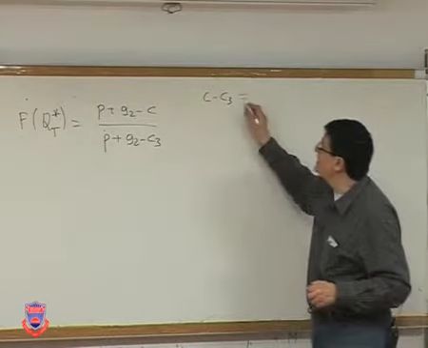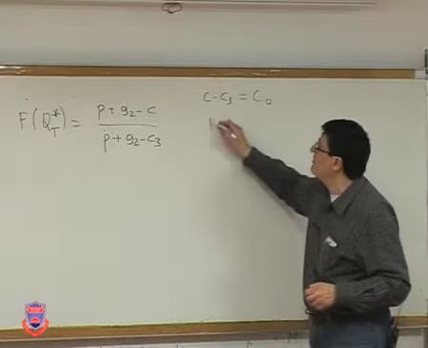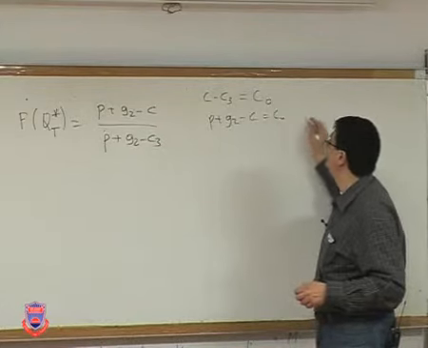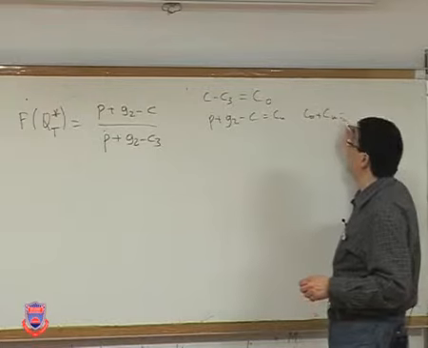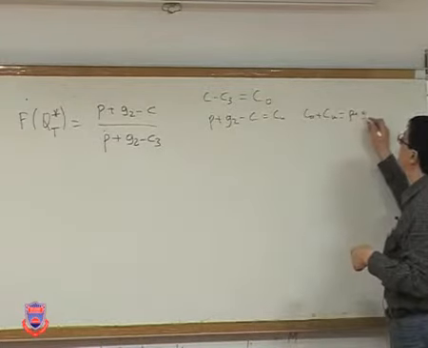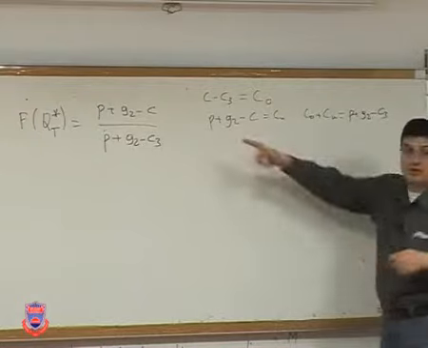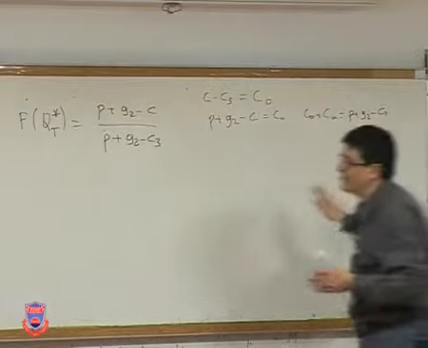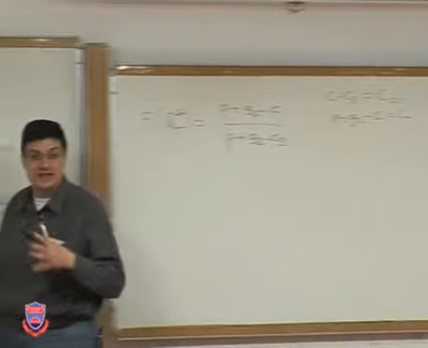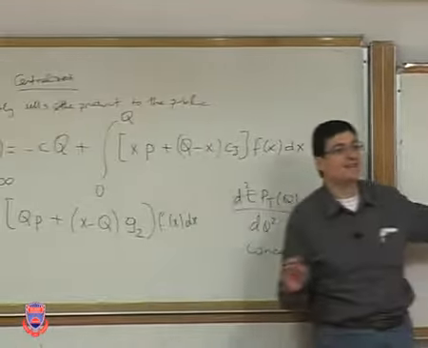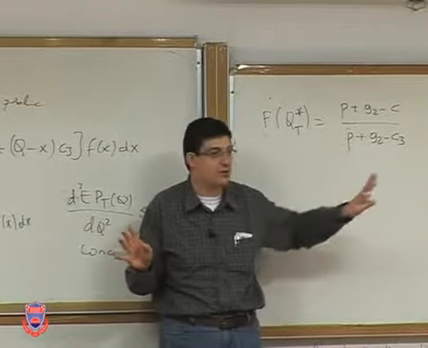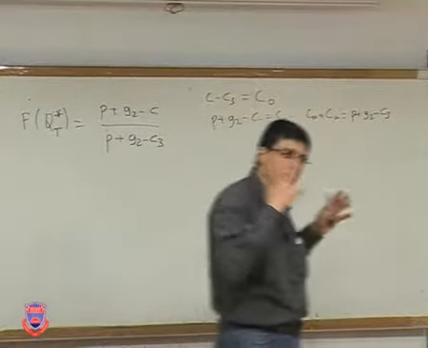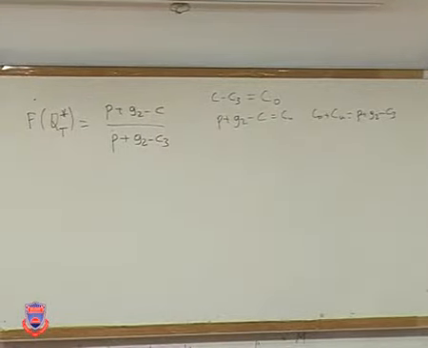So C minus C3 is the cost of overage. P plus G2 minus C is the cost of underage. So cost of overage plus cost of underage is going to be P plus G2 minus C3, which is the denominator. But again, as I told you, in all these cases I always write this rather than using cost of underage and cost of overage, because this can be a little confusing if you don't imagine it correctly.